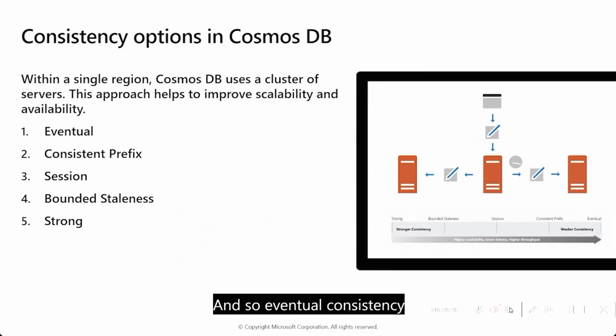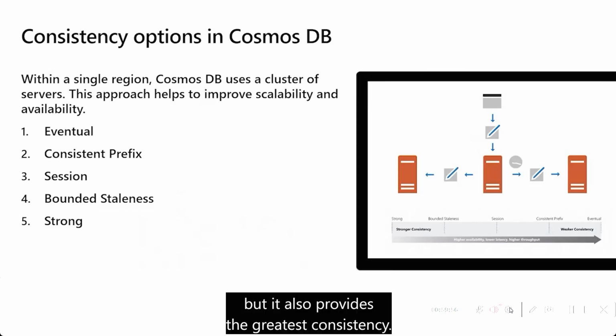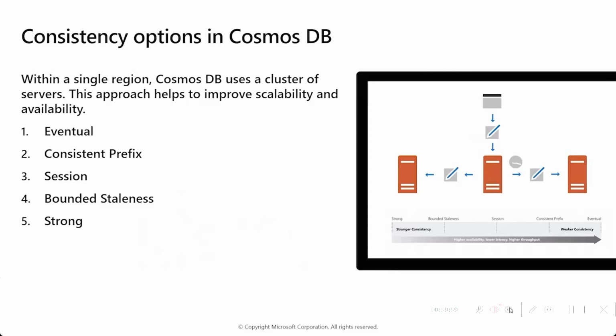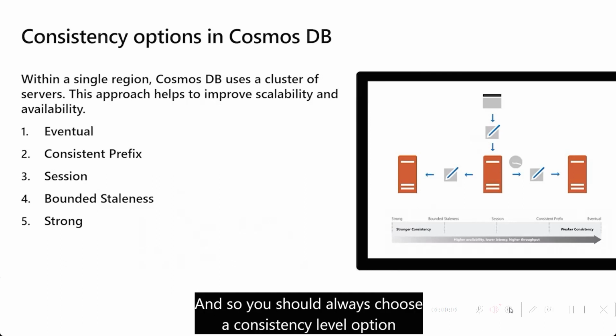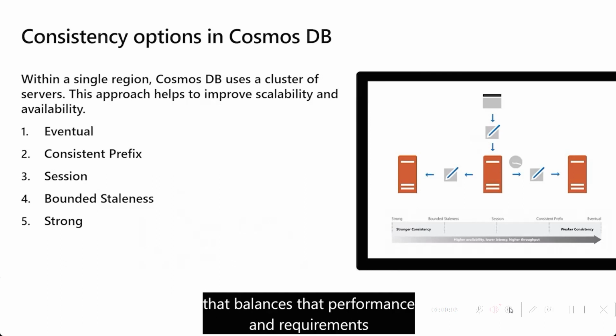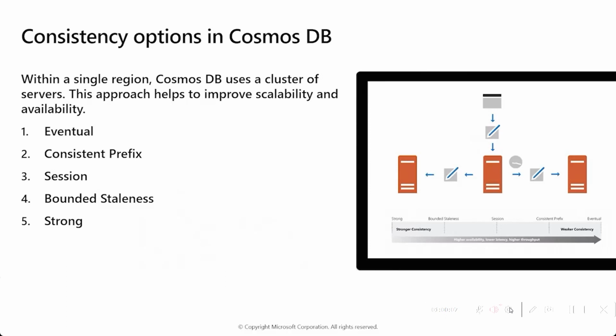And so eventual consistency provides the lowest latency and the least consistency, while strong consistency results in the highest latency, but it also provides the greatest consistency. And so you should always choose a consistency level that balances the performance and requirements that your applications need.